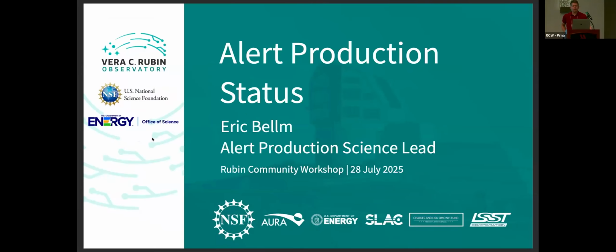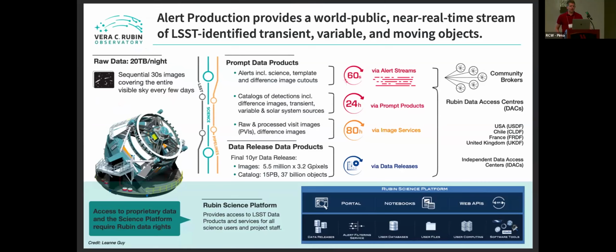All right, so my name is Eric Bellum. I'm the science lead for alert production for Rubin, and I wanted to give you just a quick update on how we are doing on the project side as we get ready for alert production. I don't think it is news to anyone here. AP is one of the 2 main ways you get Rubin data, the other being the annual data releases, which are a systematic reprocessing.